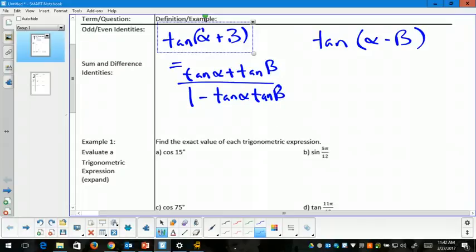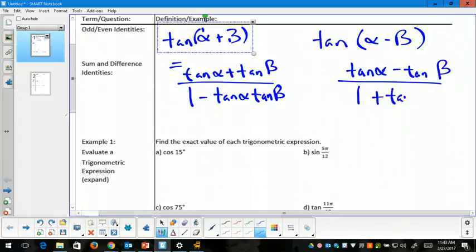And similarly, for the difference of two angles, we subtract the tangent of each individual angle on top in the numerator, and in the denominator, we have 1 plus the product of the two.